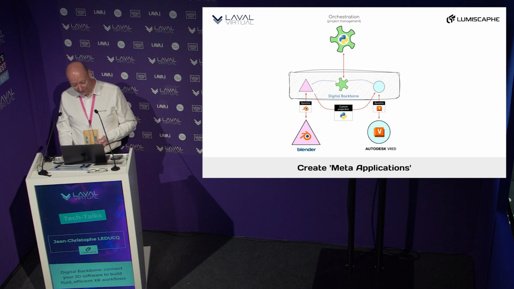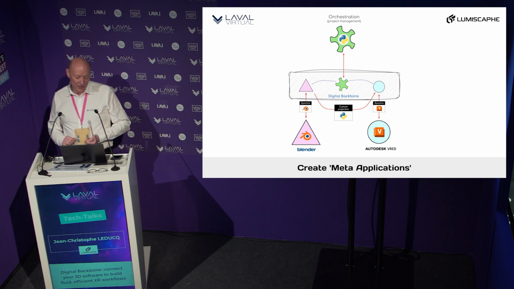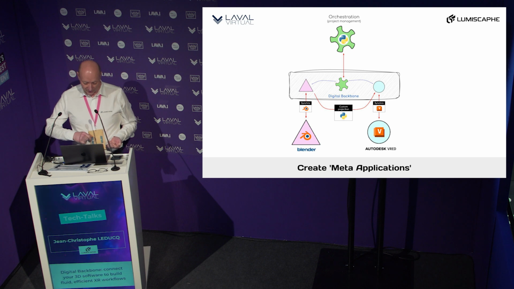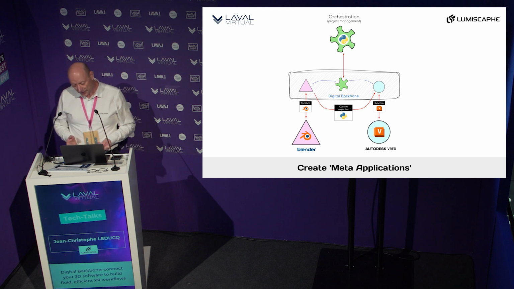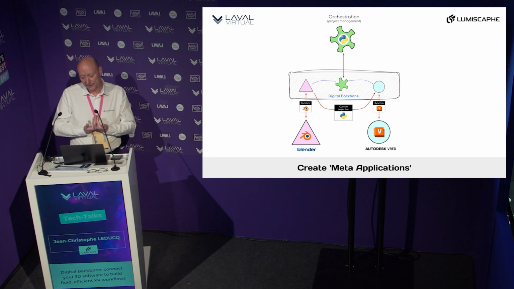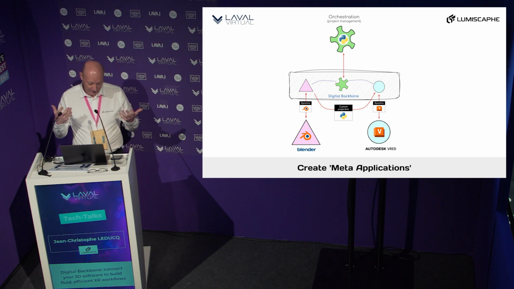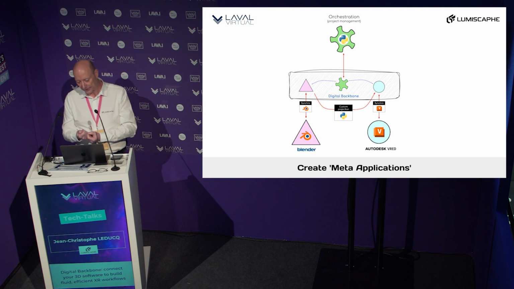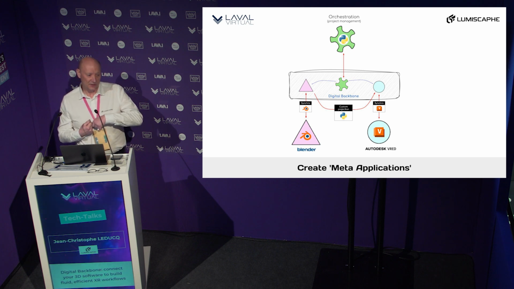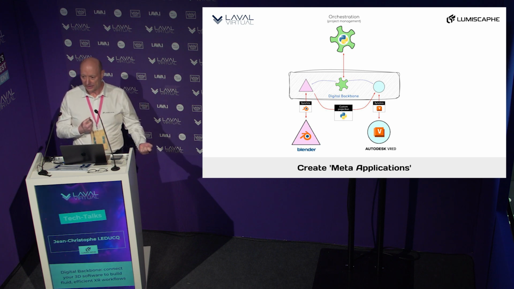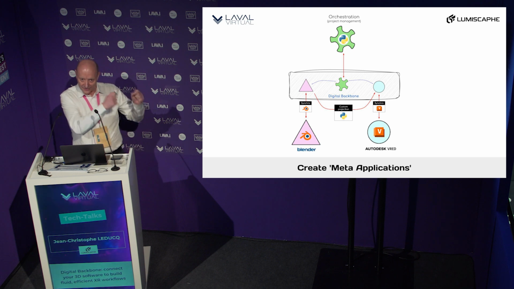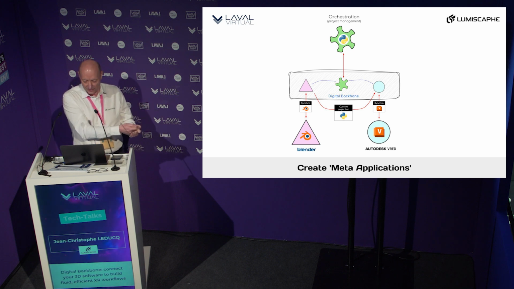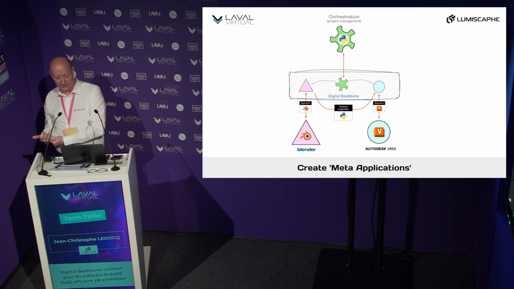Another benefit is that, for example, we have Blender on the left and a VRED dataset on the right, and all data stored in the digital backbone are of the same class, of the same type. So I can reference from my dataset natively the Blender dataset or a subclass of the Blender dataset, and the same for VRED.